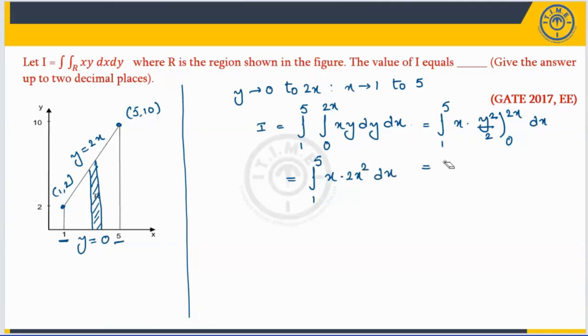And that equals how much? That is 2 into integral of x cube, x power 4 by 4 from 1 to 5. And 5 to the power 4 is 625, minus 1, by 2. That is 624 by 2, which is 312.